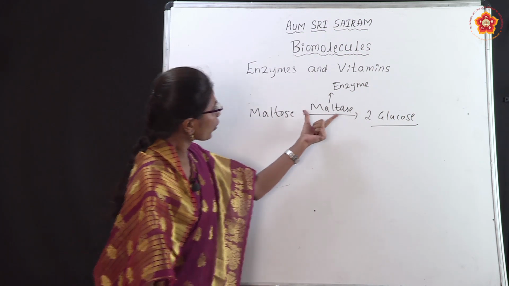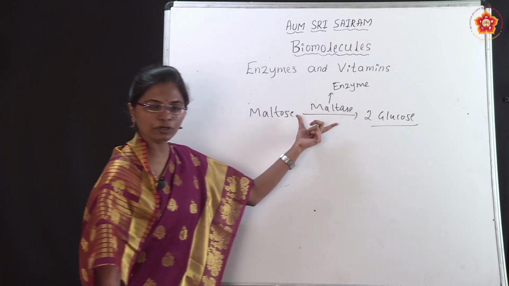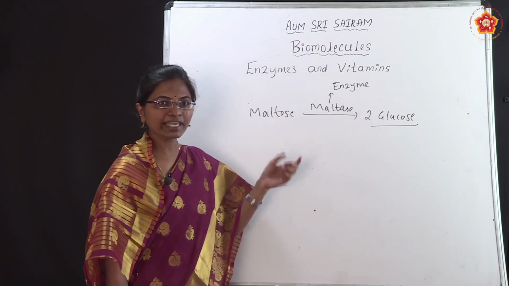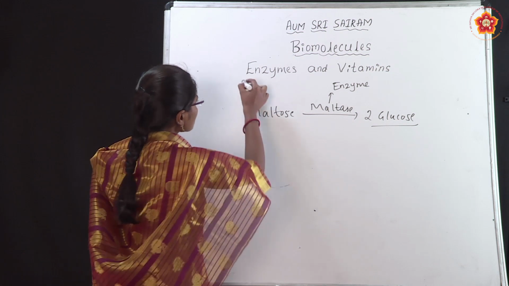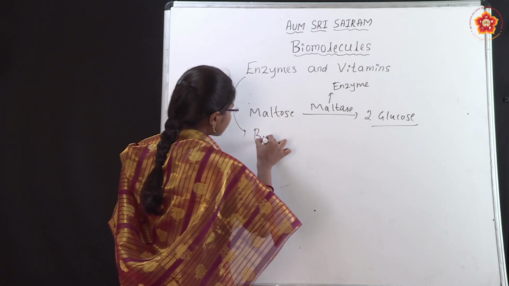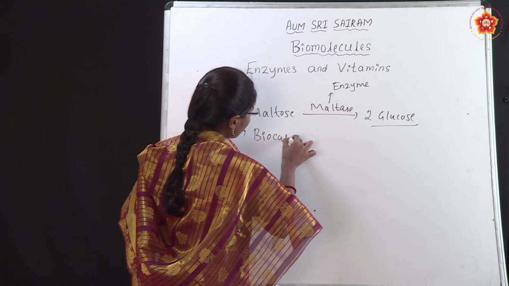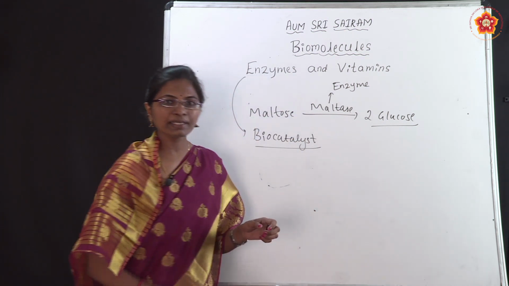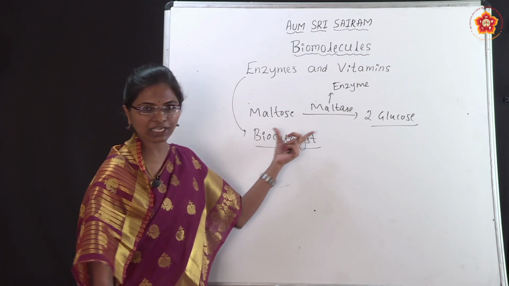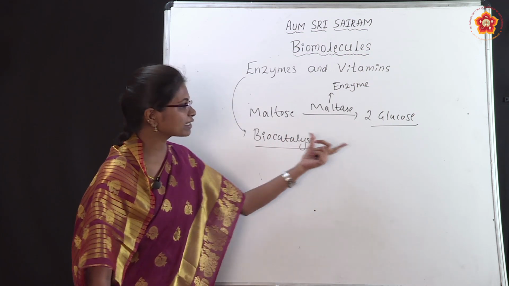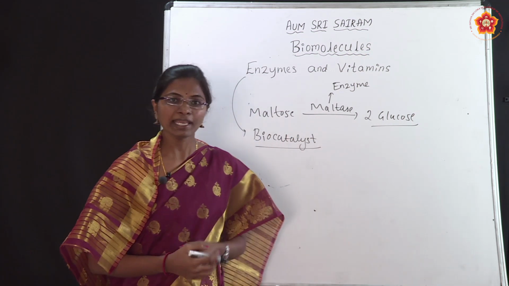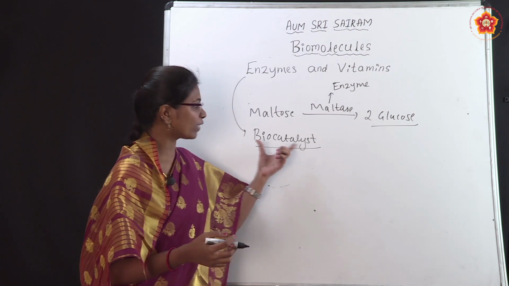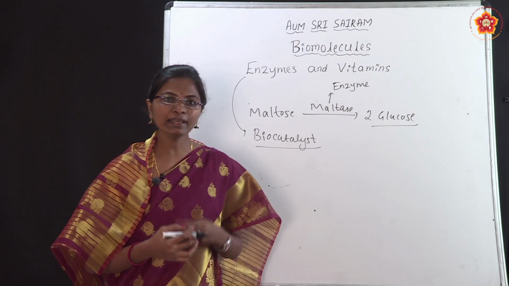So, what is maltase here? Why do we use maltase? Enzymes are called biocatalysts. Biocatalyst means that in biological reactions, without an enzyme no reaction takes place. It plays a very important role in the body.